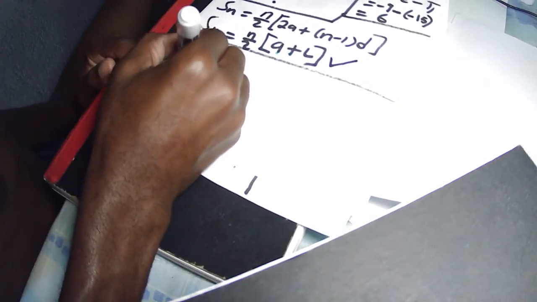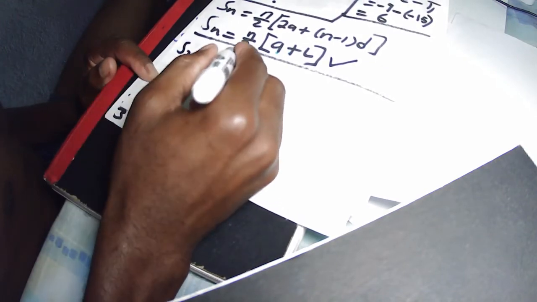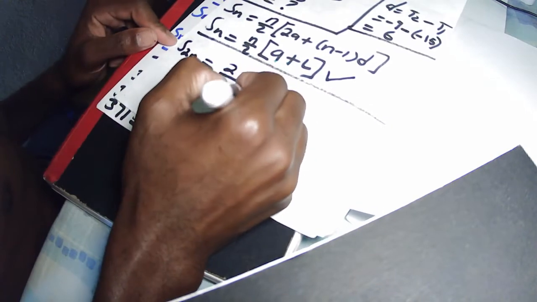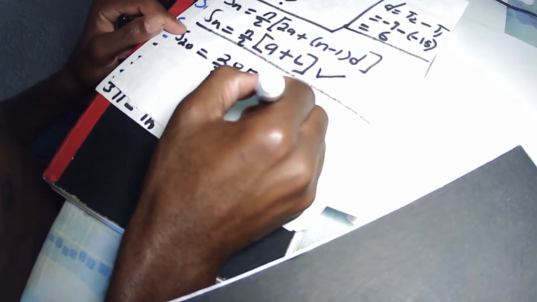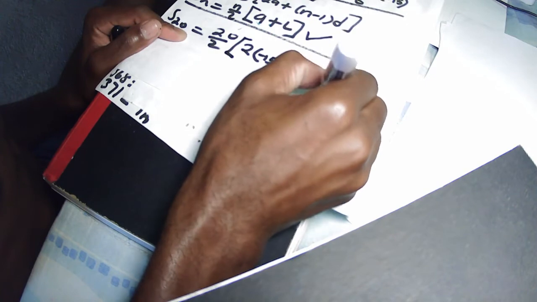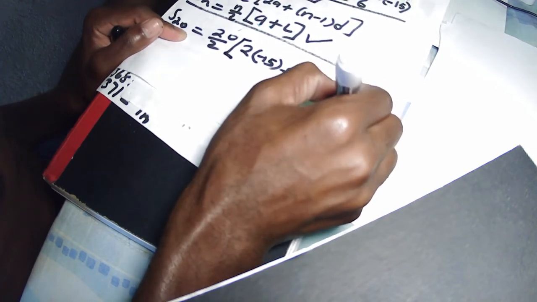So the sum of the first 20 terms is equal to 20 divided by 2, multiplied by 2 times a. What is a? A is negative 15, plus n, that is 20, minus 1, times 6, that is d.